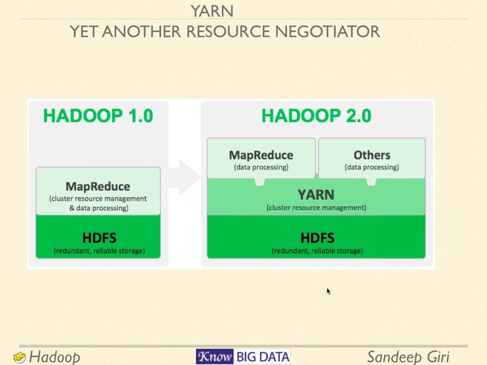So basically you can say that you have a switchboard. Instead of the switchboard being dedicated to only fans, now we have a switchboard dedicated to other equipment also. You can think of Yarn that way.